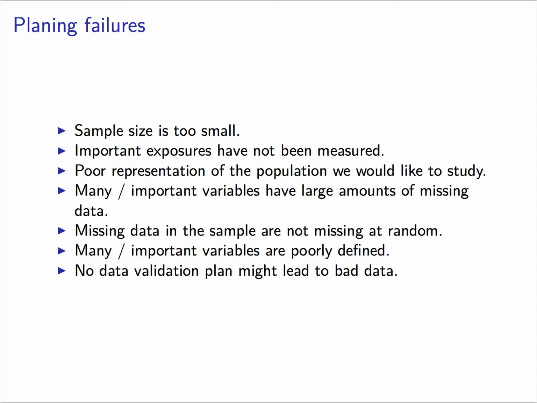Also, the study subjects making up the samples may suffer from a lack of definition, so they don't represent the population we plan to study, perhaps because the primary outcome has been biased or because our sample doesn't include enough variation from the population under study. Poor representation of the population we would like to study is often a function of poor selection of study sites from which to collect the data.